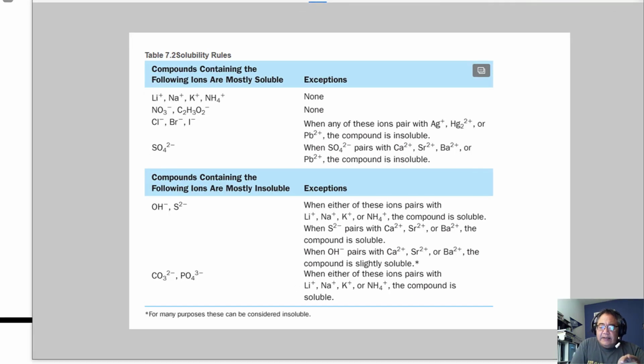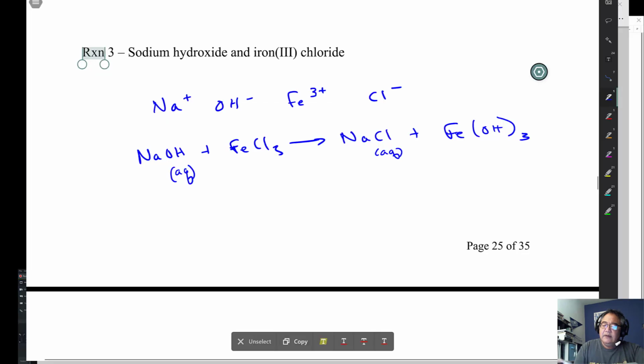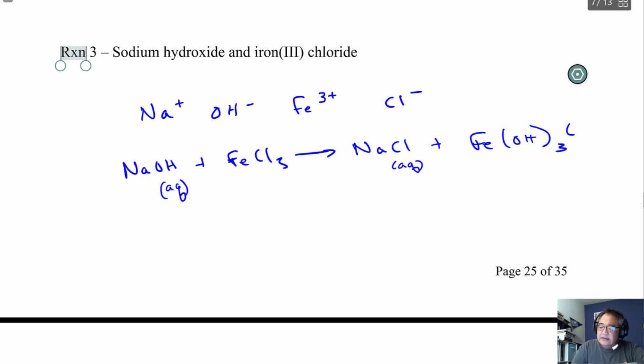And what we find is that the chlorides are generally soluble. Iron's not an exception, so we know that one's aqueous. And let's see. Hydroxides, here we go, are generally insoluble, so iron's not an exception. So we'll go back to here, and what we find is that this is a solid and that this one is aqueous, like that.